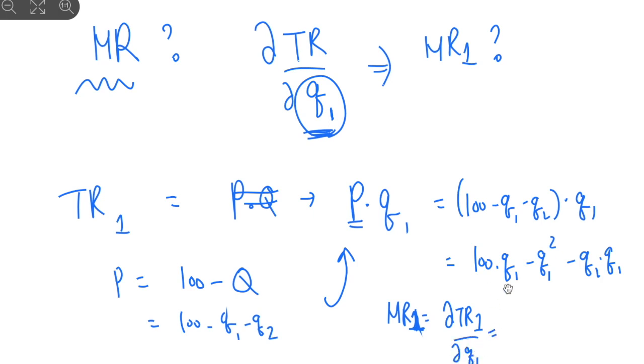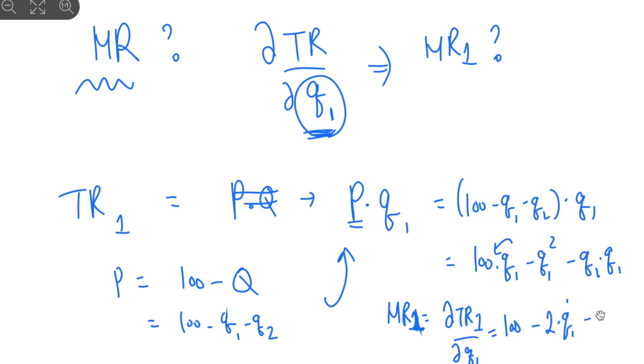So the power goes down: 100 times 1 times Q1 to the power of 1 minus 1. So we get the power of 0, so it's only 100. Minus, what? 2 times Q1 to the power of 2 minus 1, so 1.